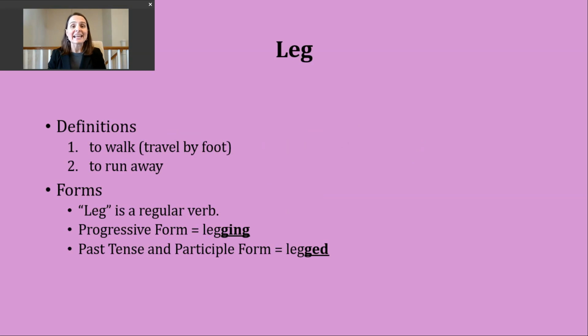Because we have a verb that ends with a consonant, vowel, consonant, when I go to make my progressive tense, I'm going to double the last consonant. So I'm adding a G and then adding ing to form legging. The past tense and participle forms of this verb are made by doubling that last consonant, so adding an extra G there, and then adding ed.